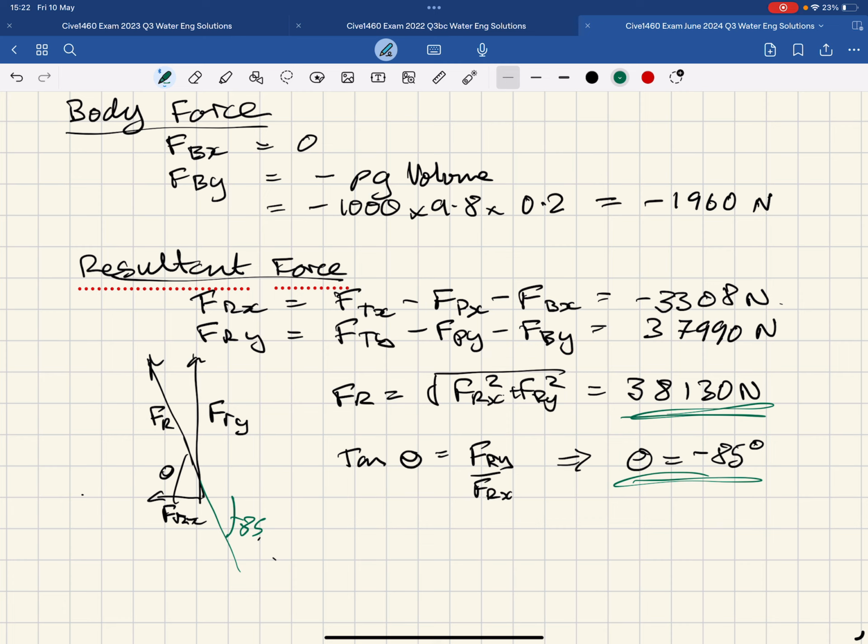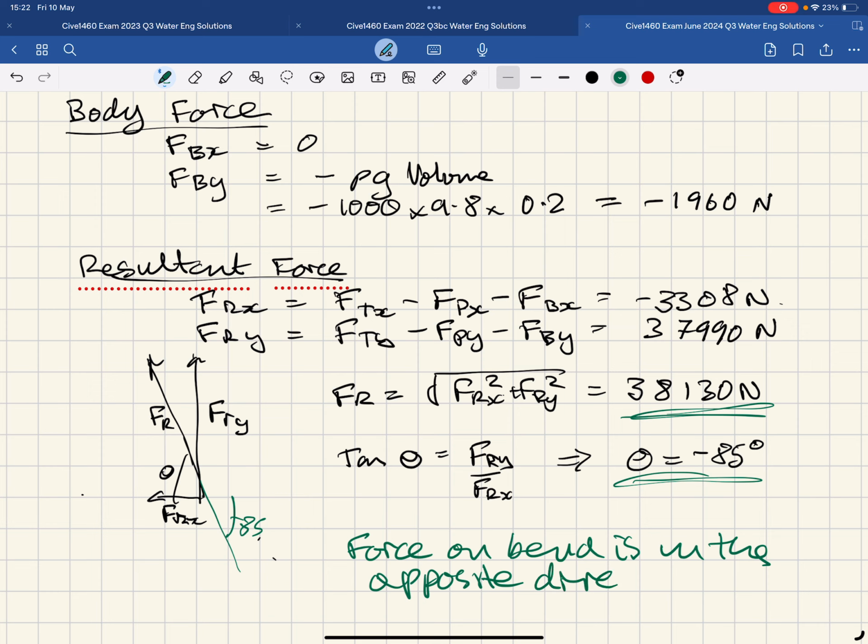The force on the bend is in the opposite direction, same magnitude.